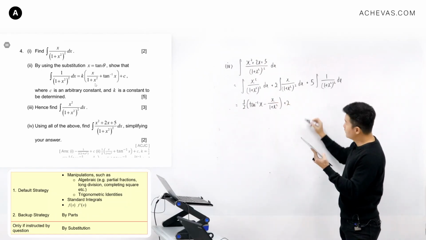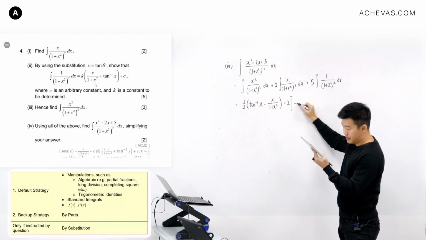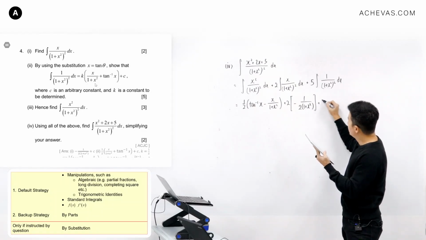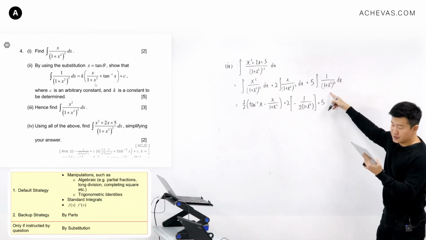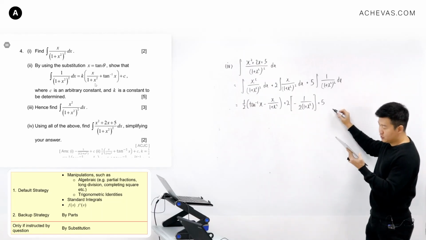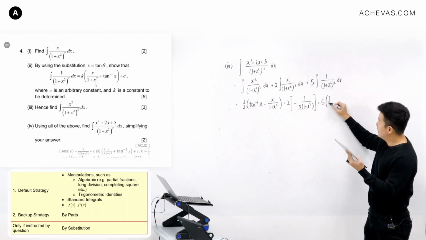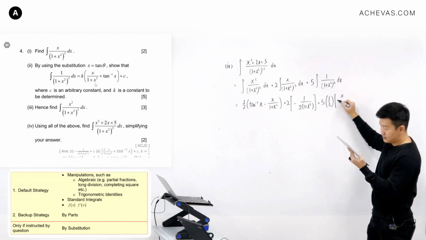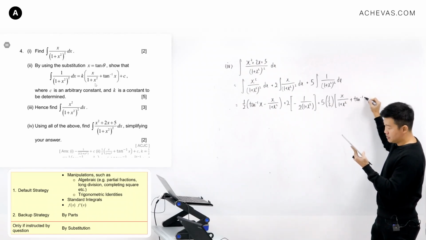And part 1's result gives me this as minus 1 over 2 of 1 plus x squared, plus 5 times of this, which I'm going to make use of part 2's result, which is going to be multiplied by half. Then we will have a x over 1 plus x squared plus tangent inverse x.